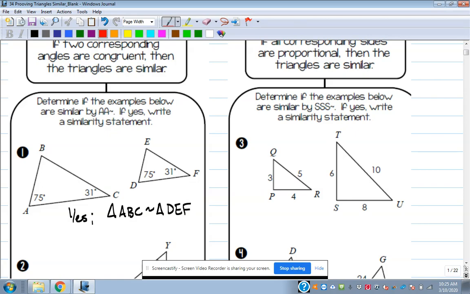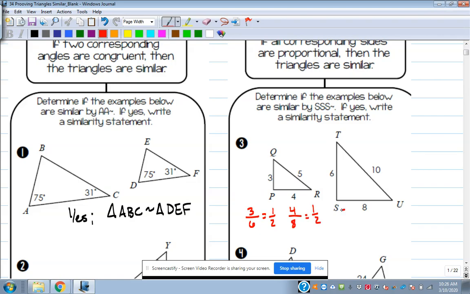So when we look at these 2 triangles here, side QP is 3, and if it relates to TS, that'd be 3/6, which reduces to 1/2. And if I say side PR is 4 and US is 8, that's 1/2 as well, right?